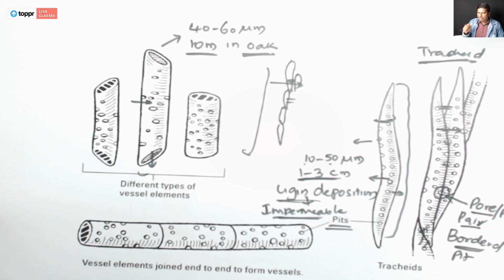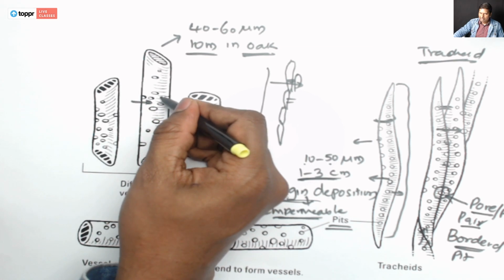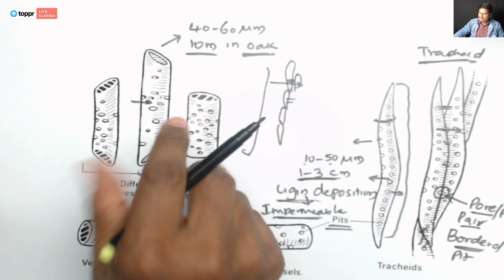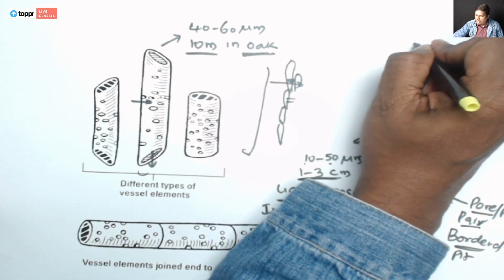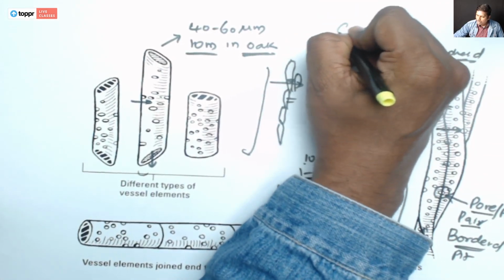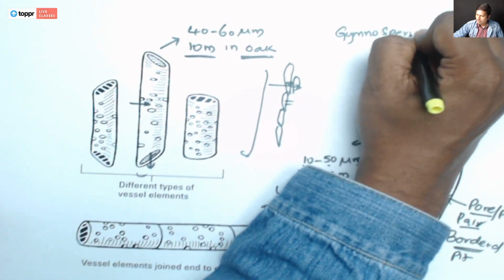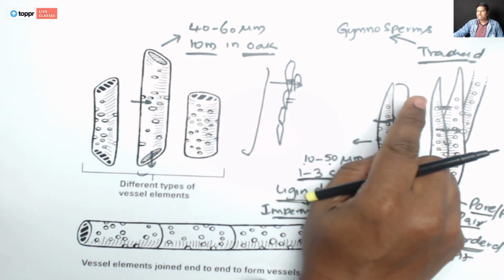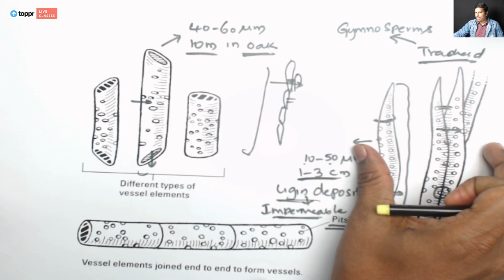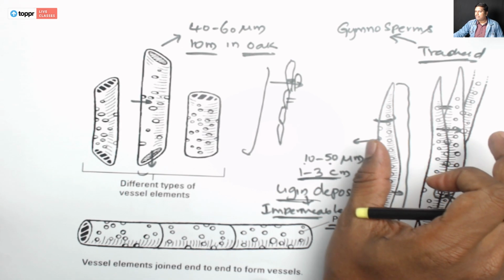The only major difference between these two is the diameter. These are a bit bigger, and the other difference is tracheids are found only in the gymnosperms. In the gymnosperms you will find only tracheids. The water transport is by the xylem, but in gymnosperms the xylem is entirely made up of tracheids.